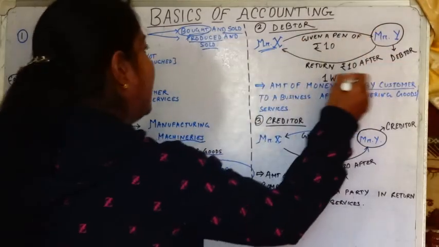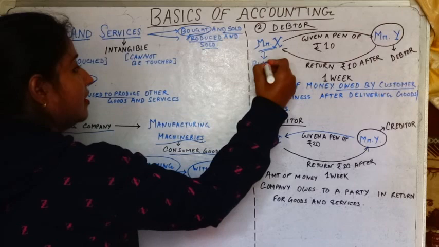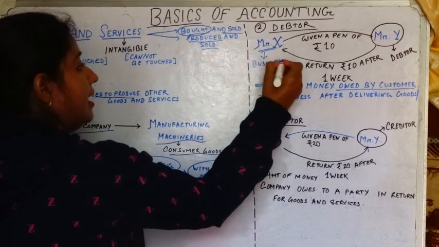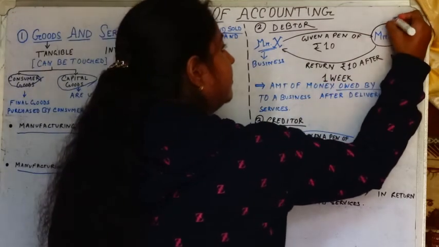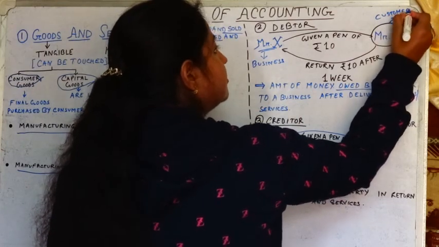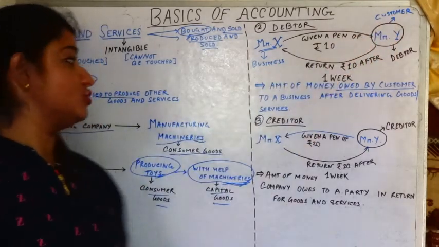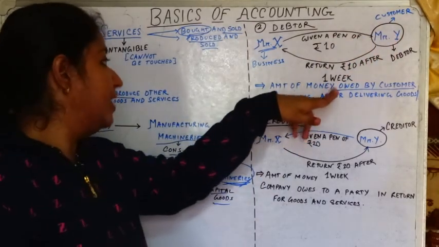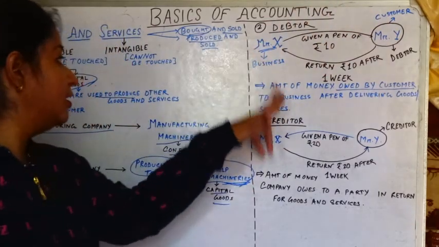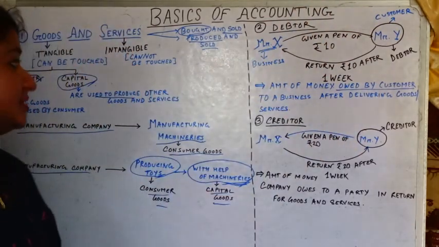Take the example as Mr. X is the business and Mr. Y is the customer. The amount of money owed by the customer to a business after delivering goods and services.